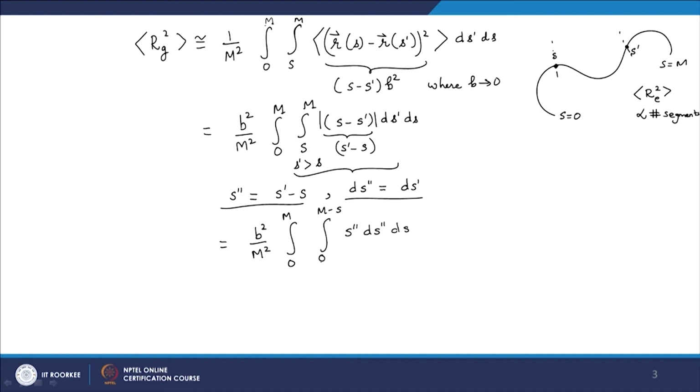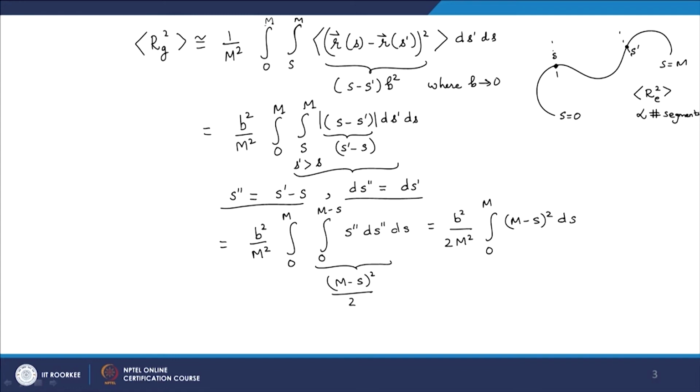So, now if I look at the inner integration, that becomes m minus s squared by 2, and anyway the lower limit is 0. So, now I am left with, okay.